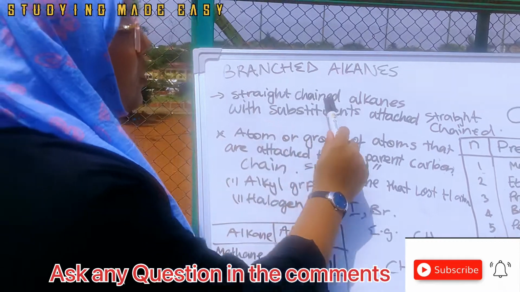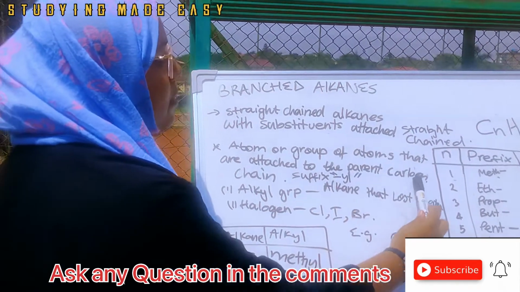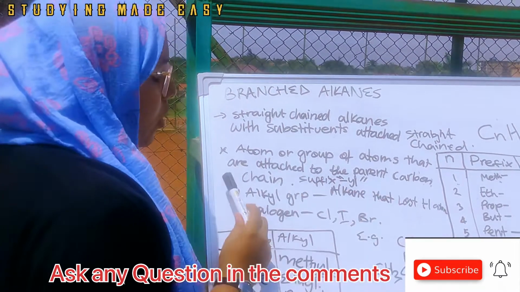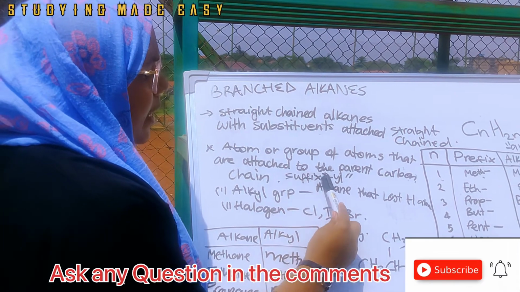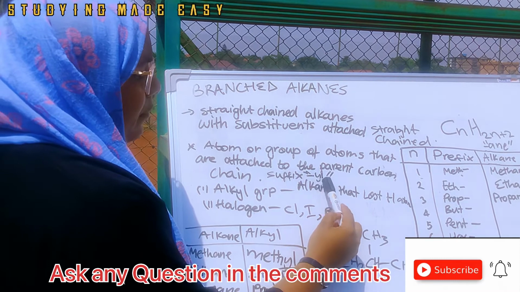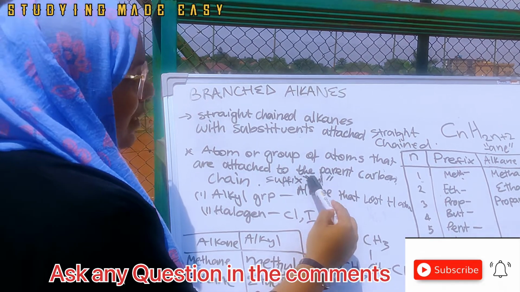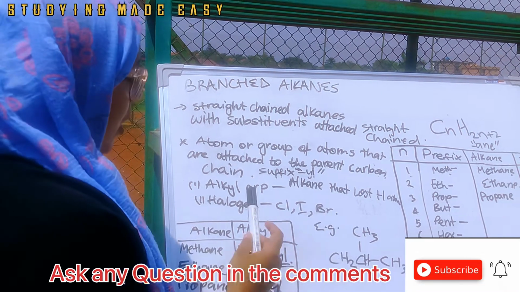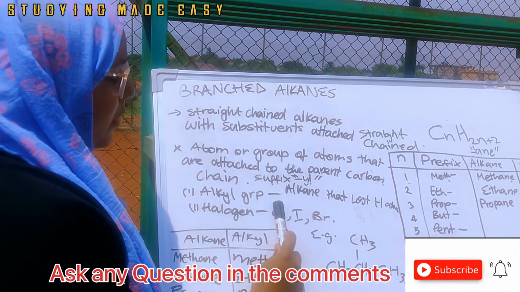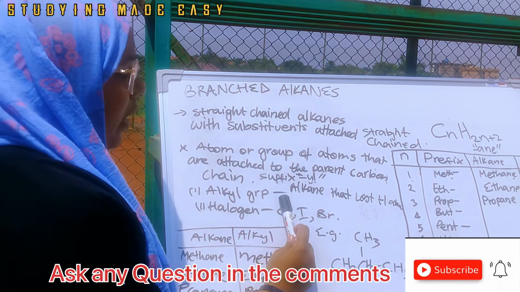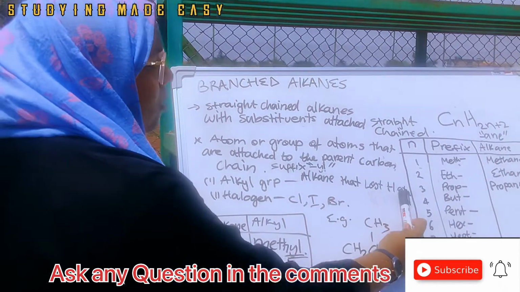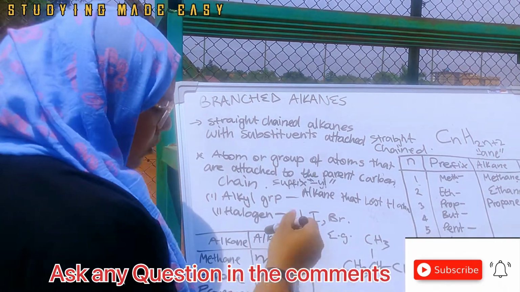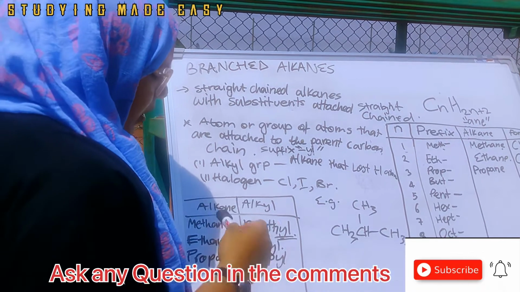Alright, so this straight chain is referred to as the parent chain. Okay, and one thing you need to know, a substituent group usually has the suffix yl. Alright, so the substituent can either be an alkyl group, and an alkyl group is basically an alkane that has lost a hydrogen atom. We'll look at that in this table here below.